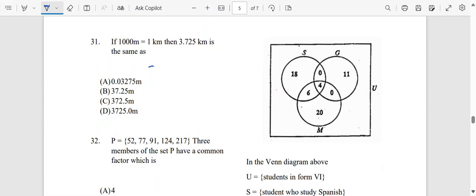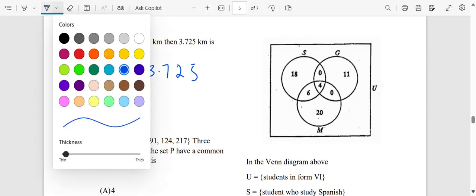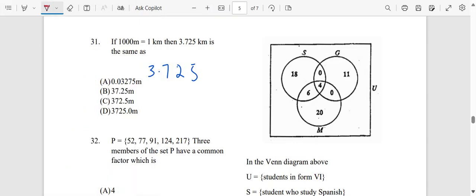So we know that is multiplication. 3.725 times 1000, and we are moving the decimal place 3 times. So 1, 2, 3. Put a 0 there as placeholder. So our answer there is 3725.0, which is D.